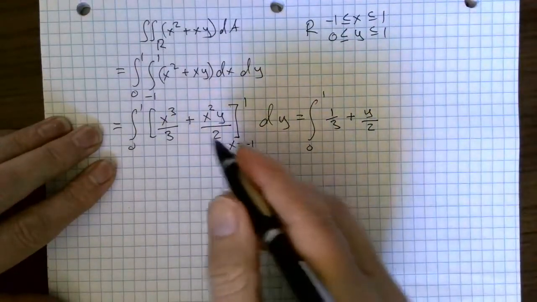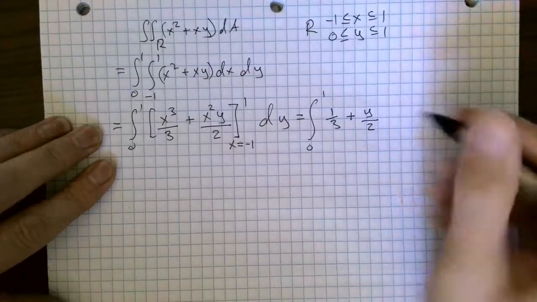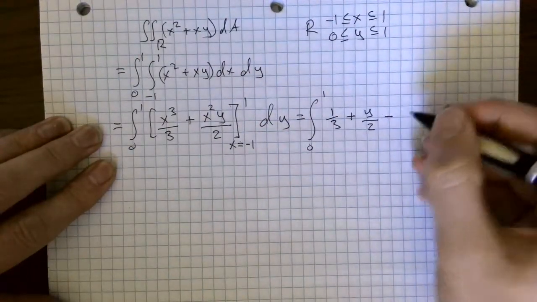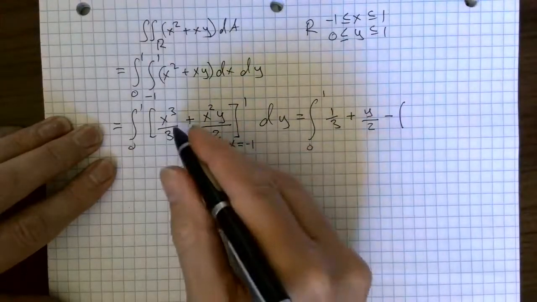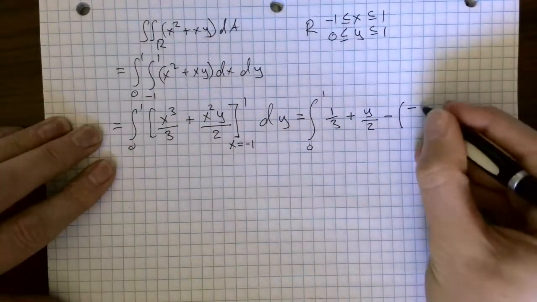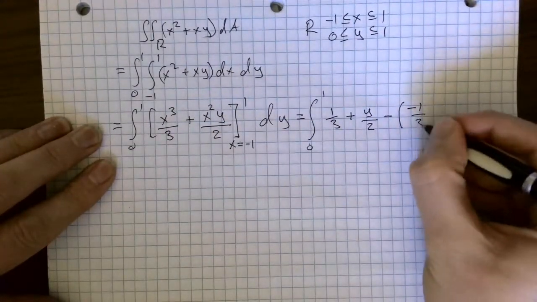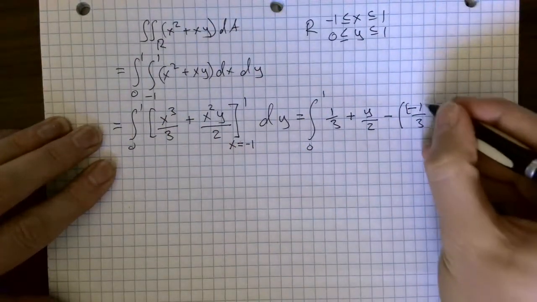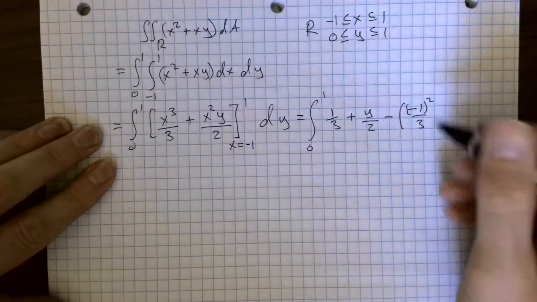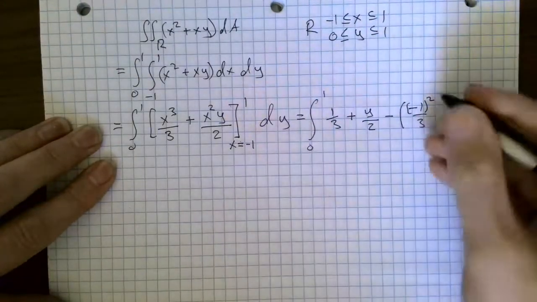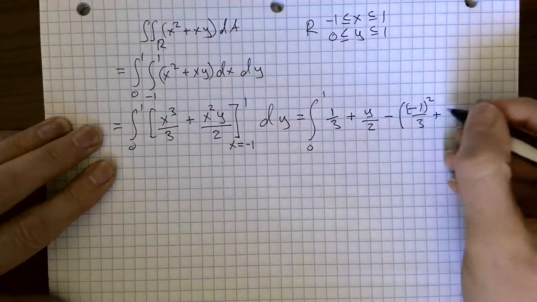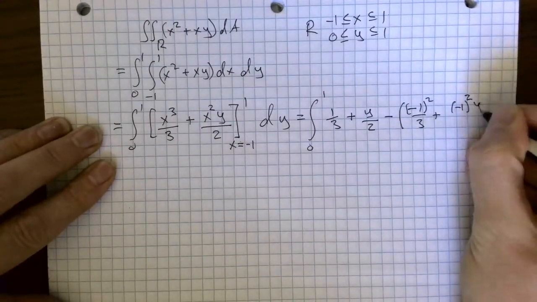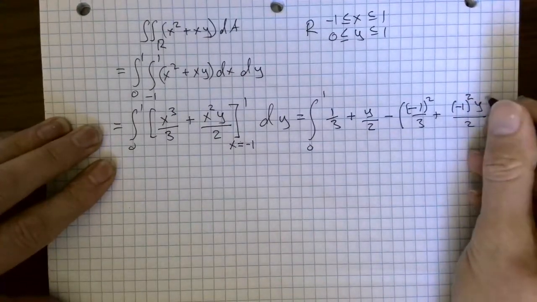And if I plug in -1, I'm subtracting, so I have minus the thing plugged in at -1, and I get minus 1/3, because -1 cubed is -1. I'll simplify it next. And we're still subtracting, so you have -1 squared y over 2.